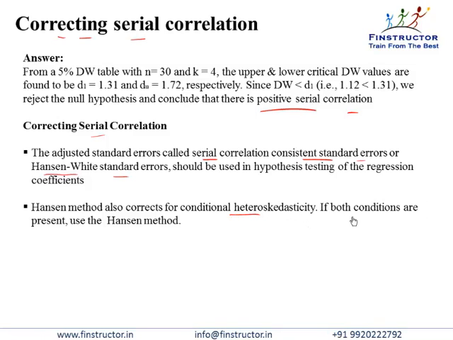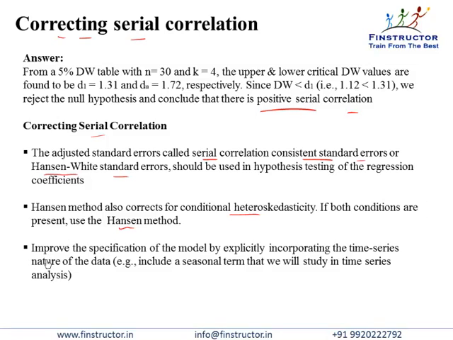So if you see in the question that both serial correlation as well as heteroskedasticity is present, then you should use the Hansen corrected standard errors. Another method, not very popular, is to improve the specification of the model by explicitly incorporating the time series nature of the data, that is, include a seasonal term, as we will study in the next review on time series analysis. So for now, just remember to use Hansen-White standard errors if you see a problem of serial correlation.